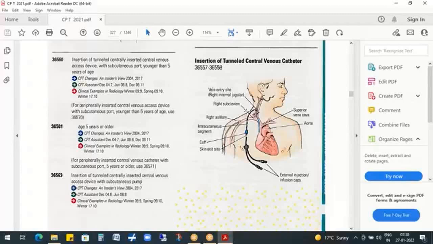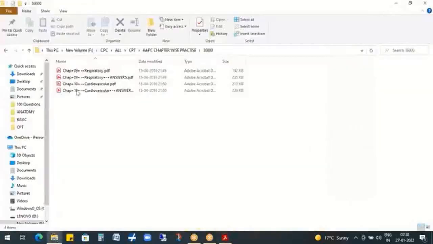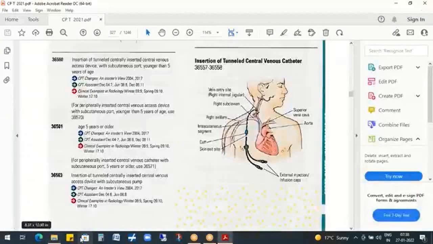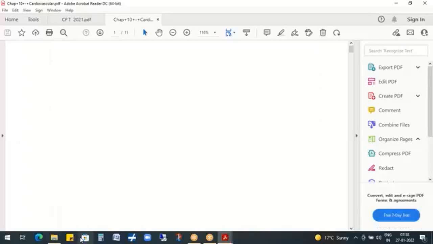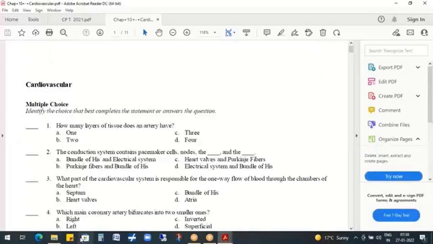Type of procedure performed. How many possible procedures are there? Five. What are they? Insertion, repair, partial replacement, complete replacement, removal. Now you can see here, partial replacement, complete replacement: if a device is composed of a catheter and a subcutaneous pump or port, and they replace only the catheter, then it is a partial replacement, like that.